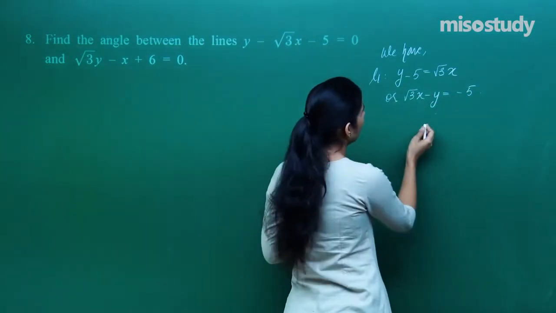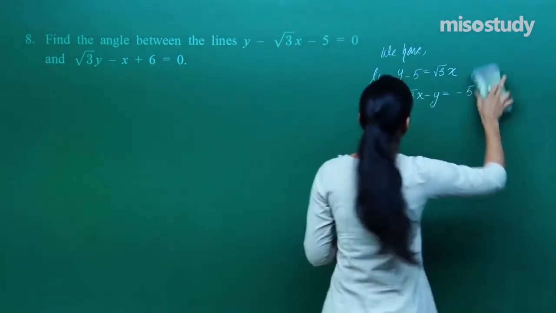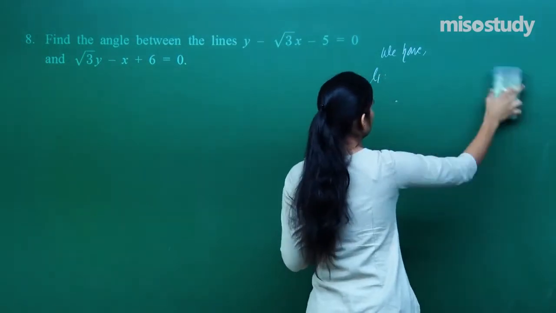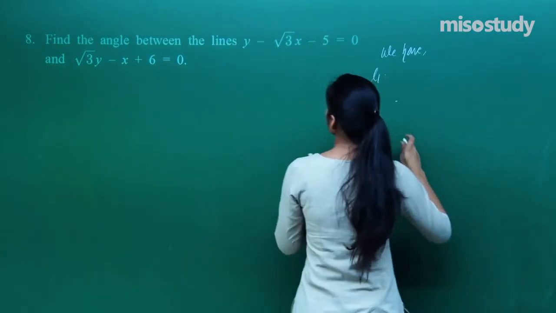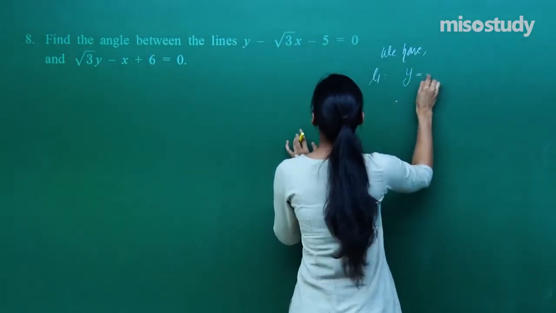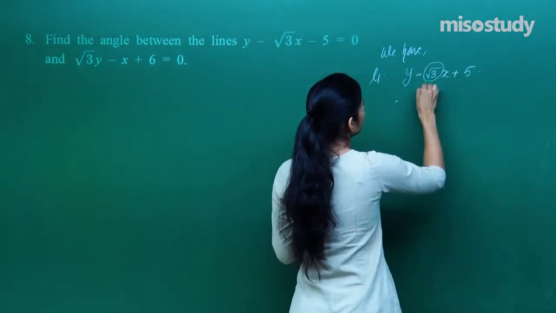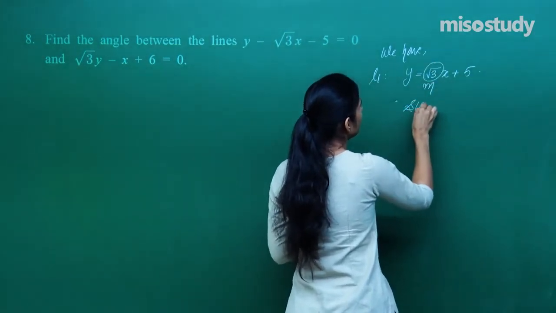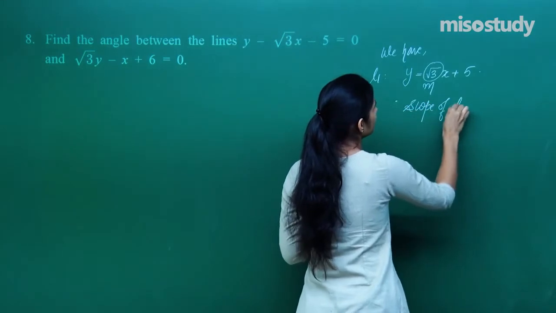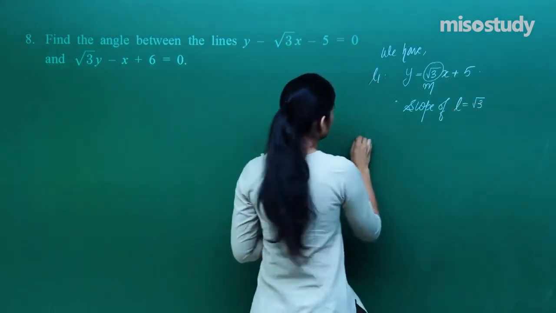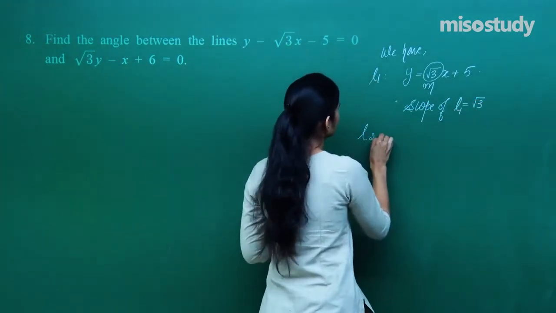Fine. Or let me just write it in the slope intercept form, that would be better. So I can write this as y equals root 3x plus 5. This is playing the role of m. So the slope of L1 is root 3.